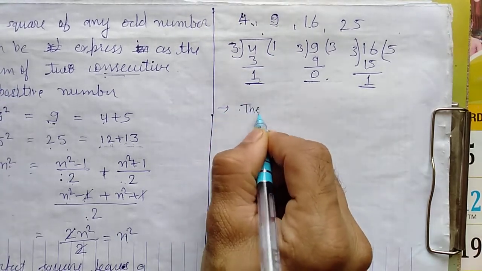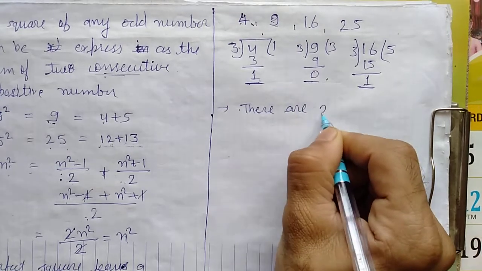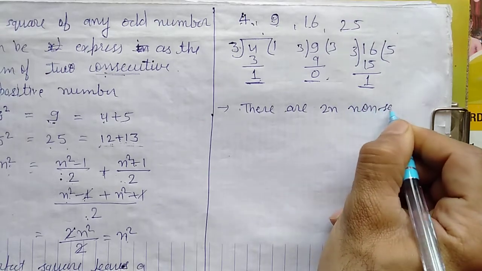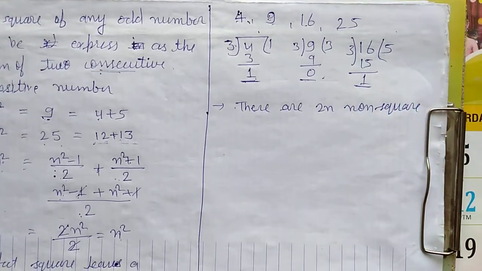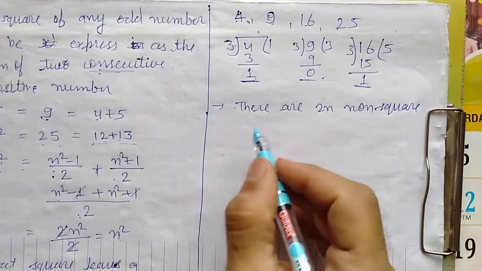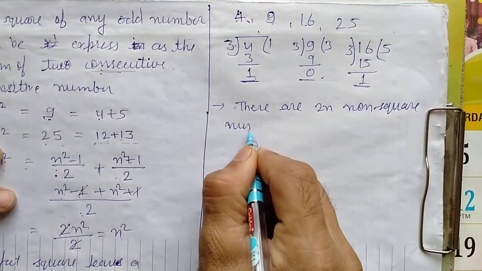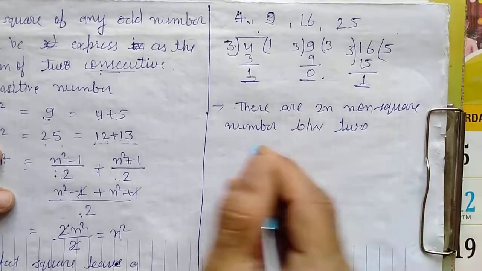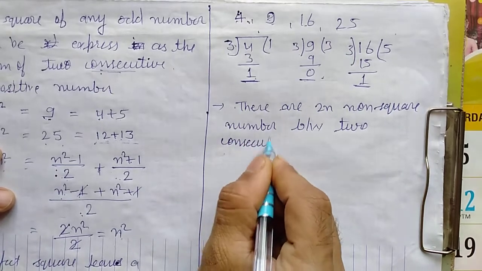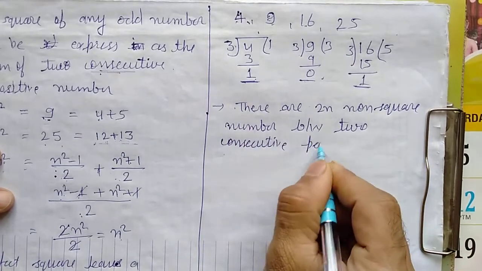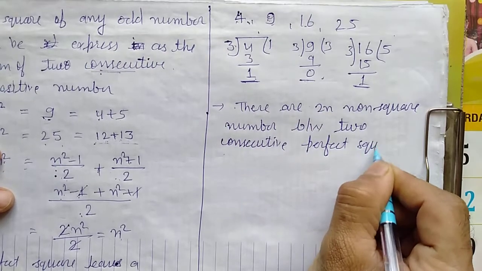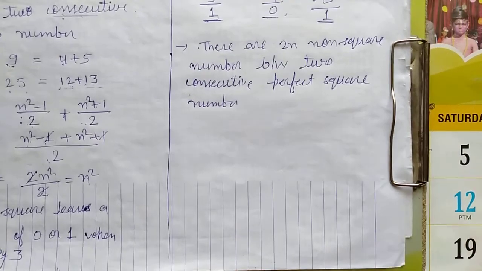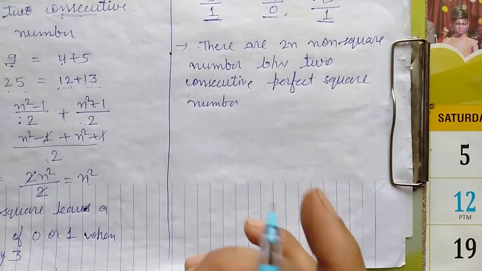So in simple words, there are 2n non-square numbers between two consecutive perfect square numbers. Understand this carefully, it is a very important topic.